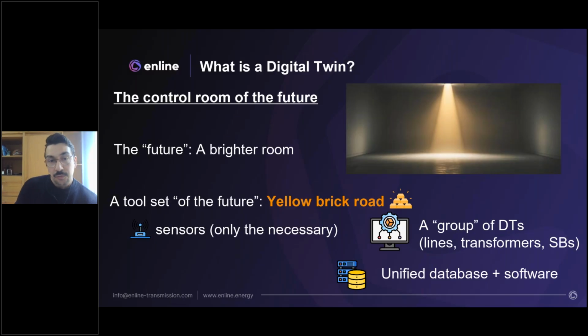And of course, unifying this entire amount of data into one single database, and preferably into one software that can manipulate all these things.